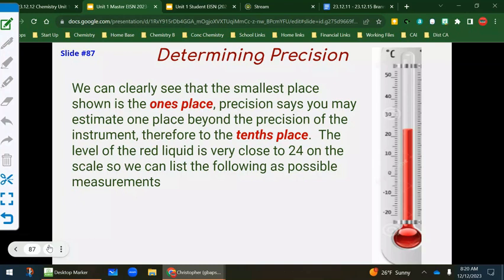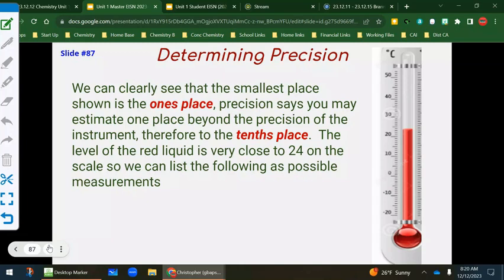Give me a number in the tenths place between 23 and 24, Cynthia. Any number to the tenths place between 23 and 24. 23.5, 23.6, 23.7, 23.8, right?